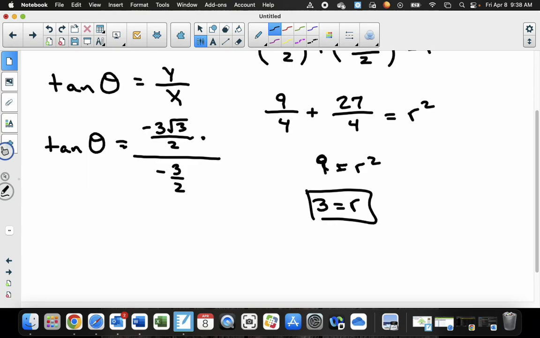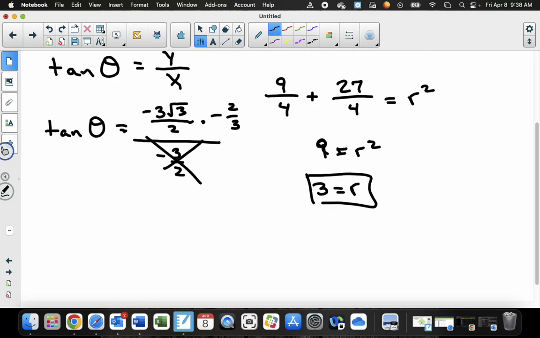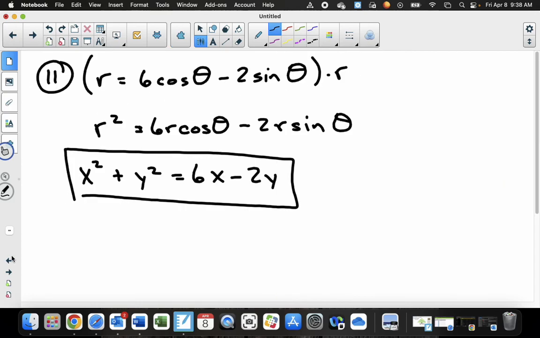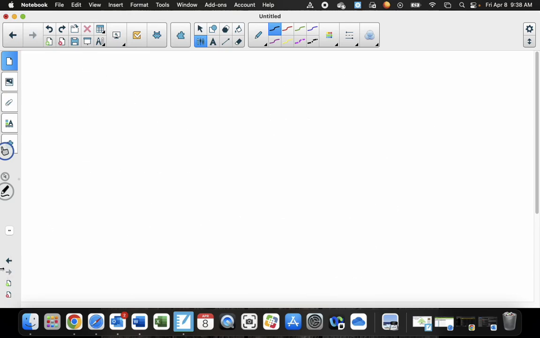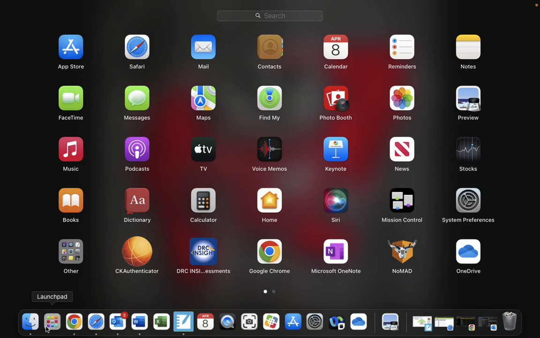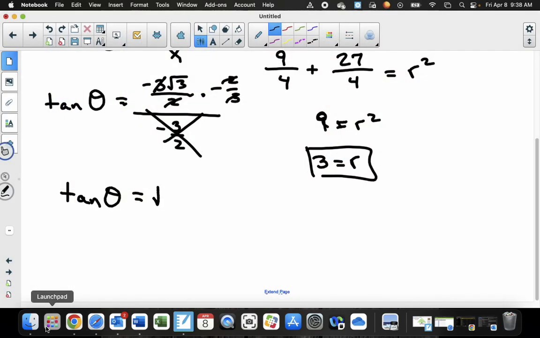So I'm going to multiply by negative 2/3 rather than dividing by negative 3/2. Tangent of theta is, negative times a negative is positive. That 2 and that 2 cancel out. That 3 and that 3 cancel out. I end up with square root of 3.